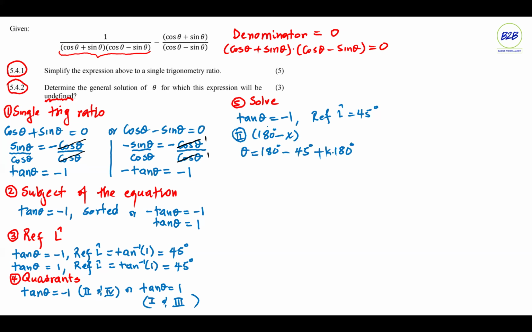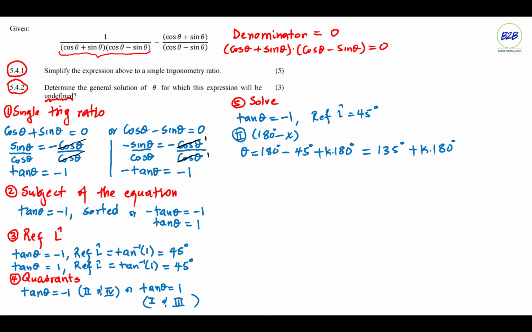Why 180? Because we are using tan there. And then pressing in your calculator 180 degrees minus 45, that should give you 135 degrees plus k times 180 degrees.